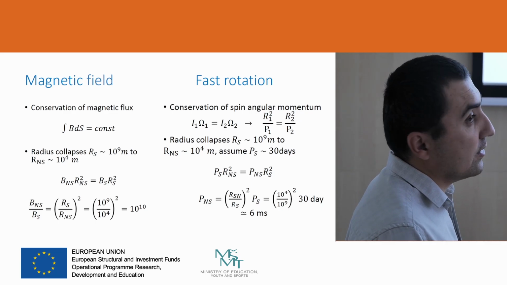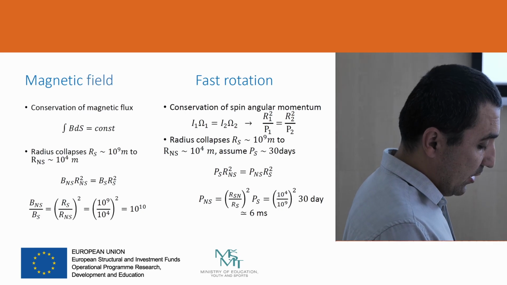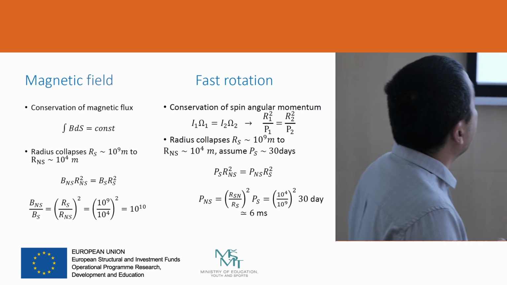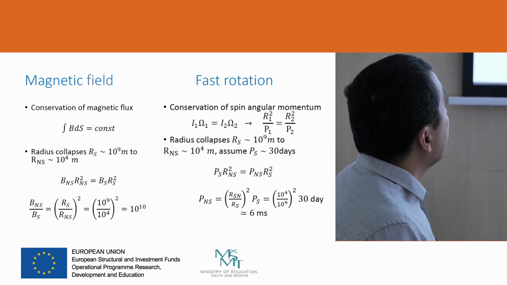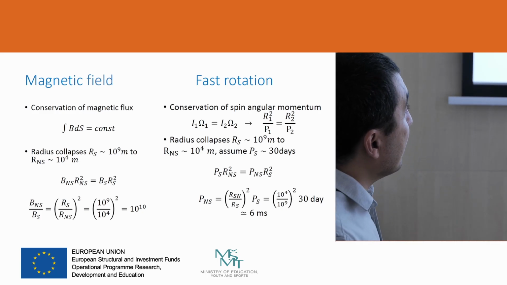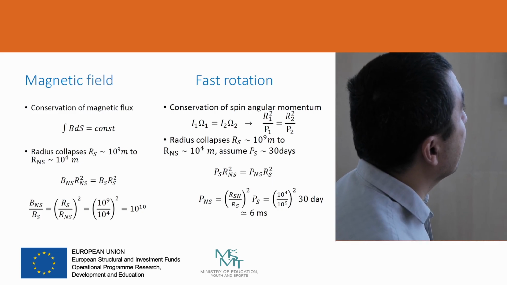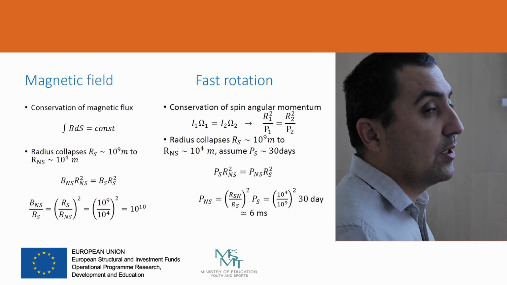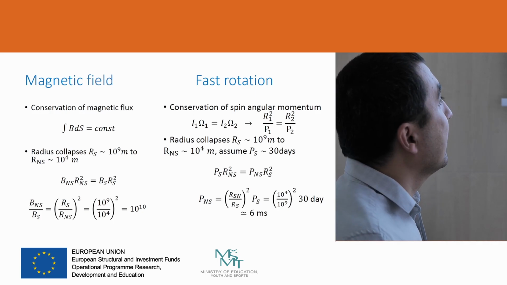Why are neutron stars so fast and highly magnetized? It is because during the collapse the magnetic flux is conserved. Using the conservation of magnetic flux, we can calculate how much the magnetic field of the star will increase.